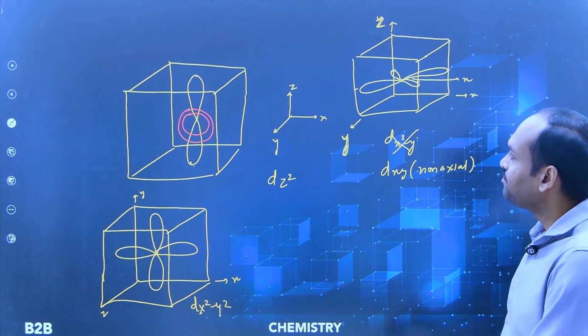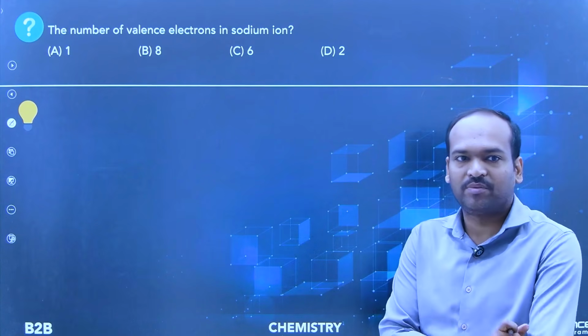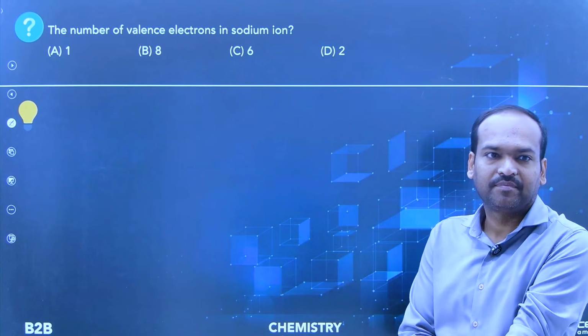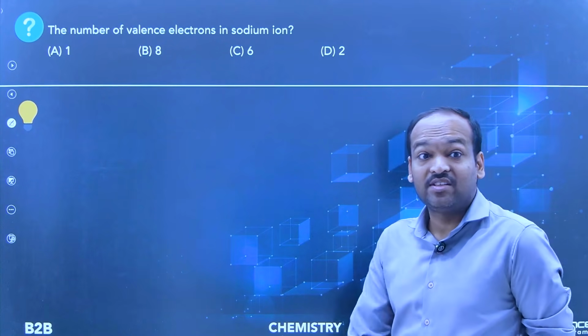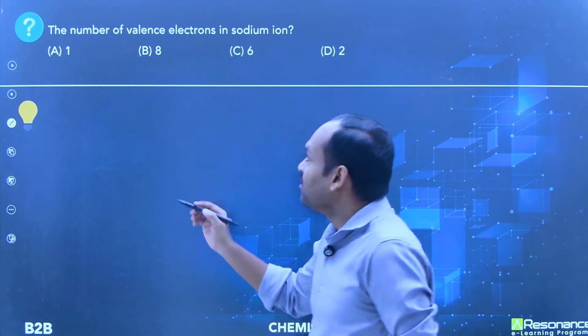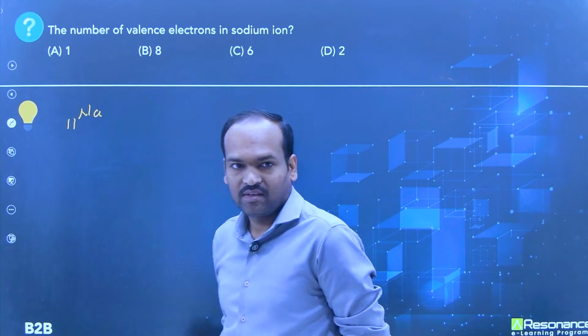So next. Now we can solve the question based on it. The number of valence electrons in sodium ion. But the atomic number of sodium is 11.